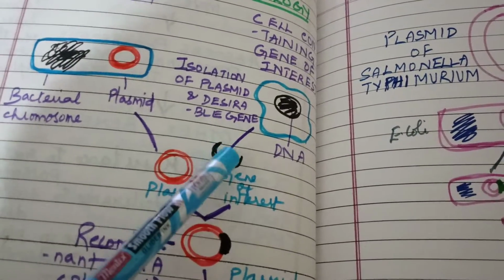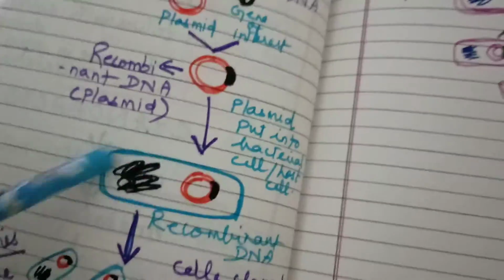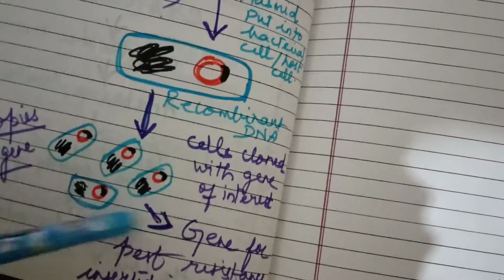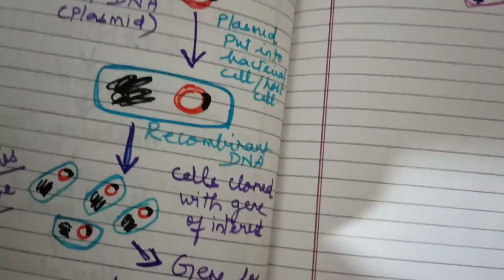Second, introduction of this identified DNA into the host cell. Third, maintenance of the introduced DNA in the host and transfer of the DNA to the progeny to get more copies. These are the three steps.